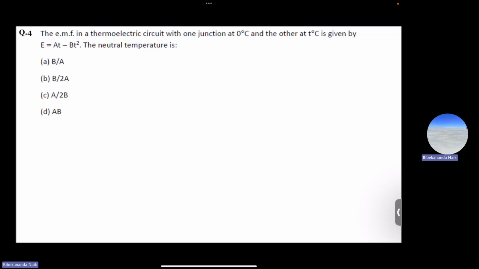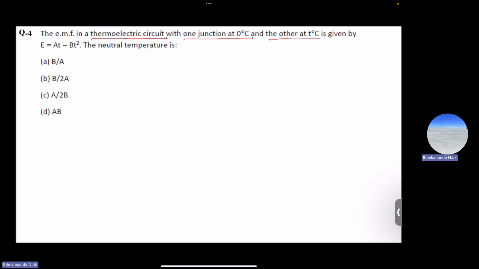This question, as I mentioned, is based on the concept of thermocouple and the Seebeck effect. There are two junctions, a hot junction and a cold junction. The cold junction is at 0 degree centigrade and the hot junction is at T degree centigrade.